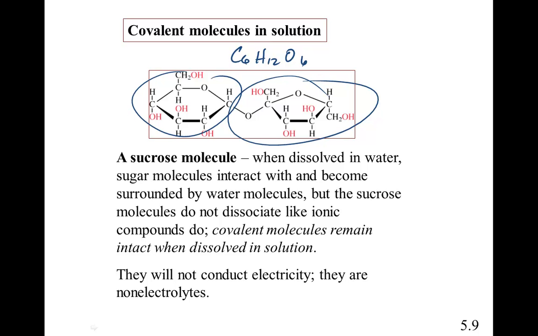It's still C6: 1, 2, 3, 4, 5, 6. All right. So this is a sugar molecule. It does not dissociate into ionic compounds. It stays intact as one whole unit. And so because it doesn't form positive and negative ions, it doesn't conduct electricity, and it's a non-electrolyte.